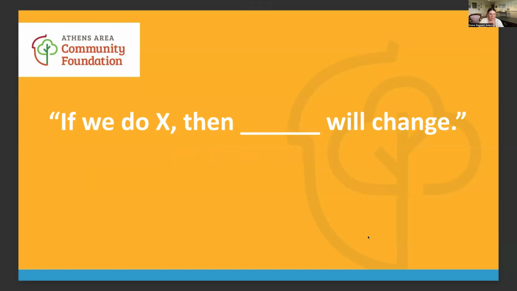Another way that if-then statements can be used in a theory of change, we've already covered two. The first was to establish a causal relationship, and the second was to connect output to outcome. The third is to help you articulate assumptions. Here's an example.